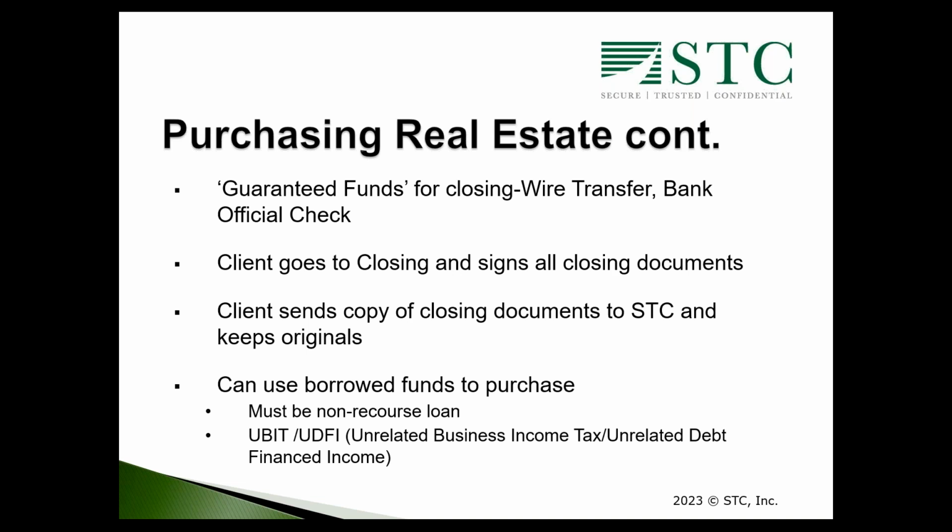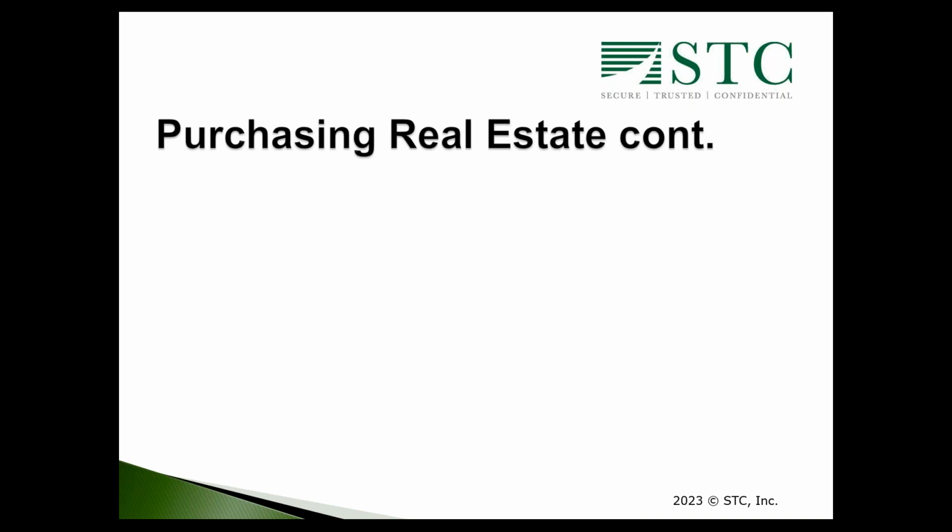As I mentioned, if you do use borrowed funds, it must be a non-recourse loan, and UBIT, unrelated business income tax, a subset of which is unrelated debt financed income, will come into play if you are using a non-recourse loan.